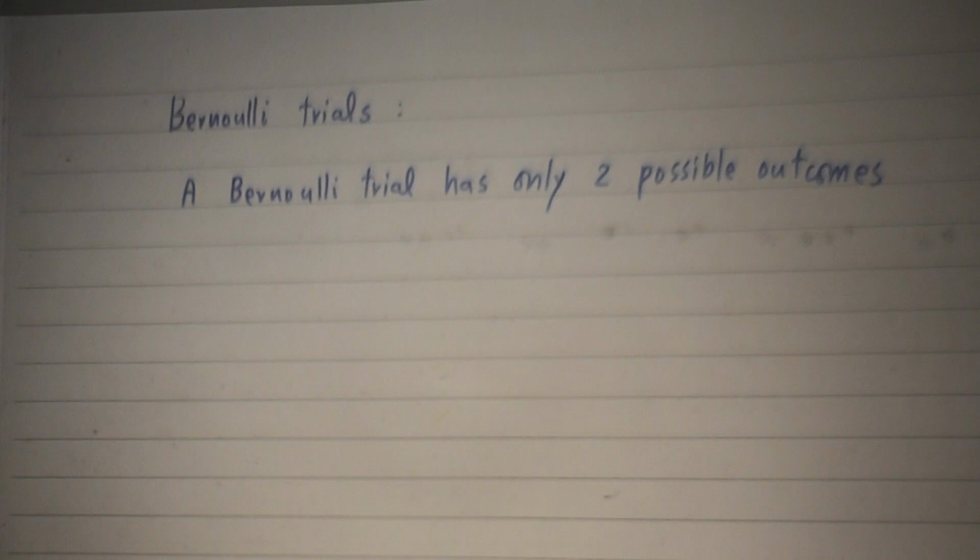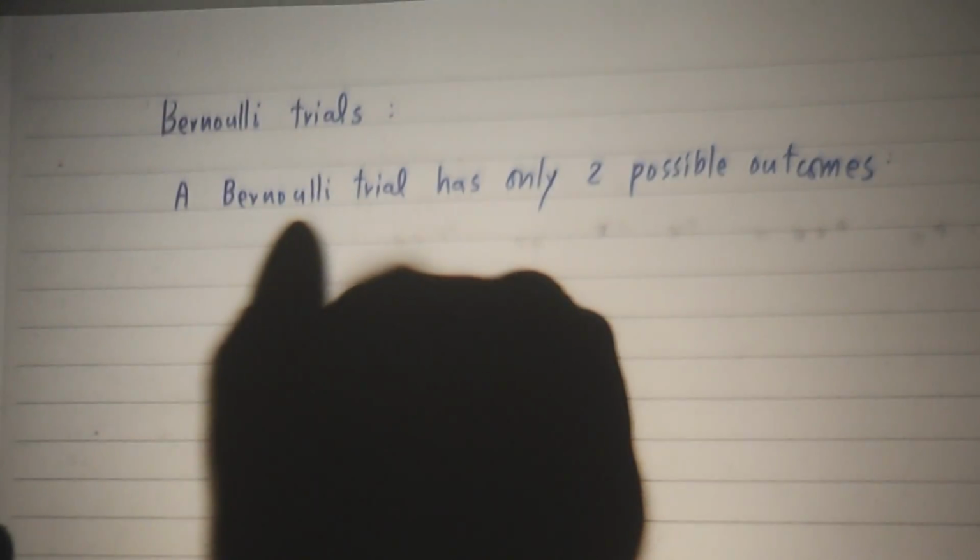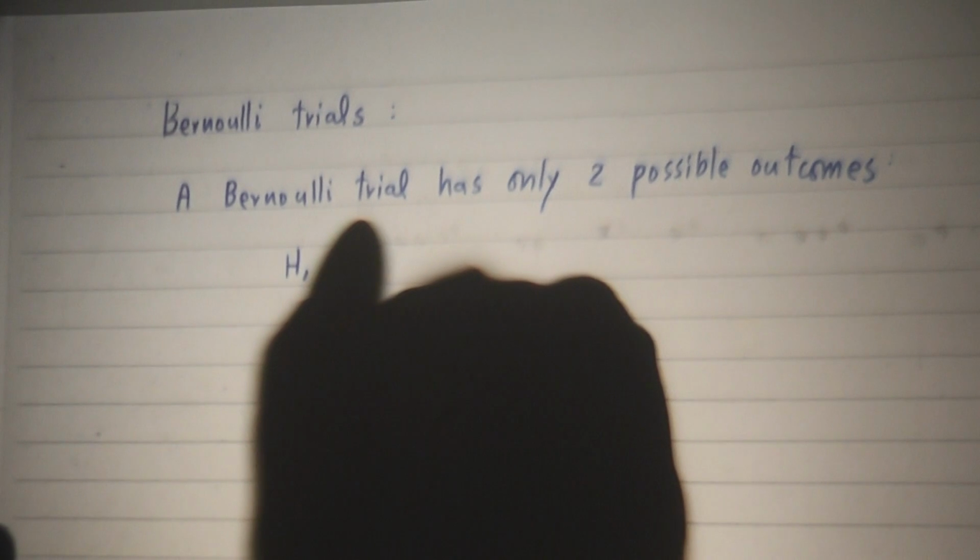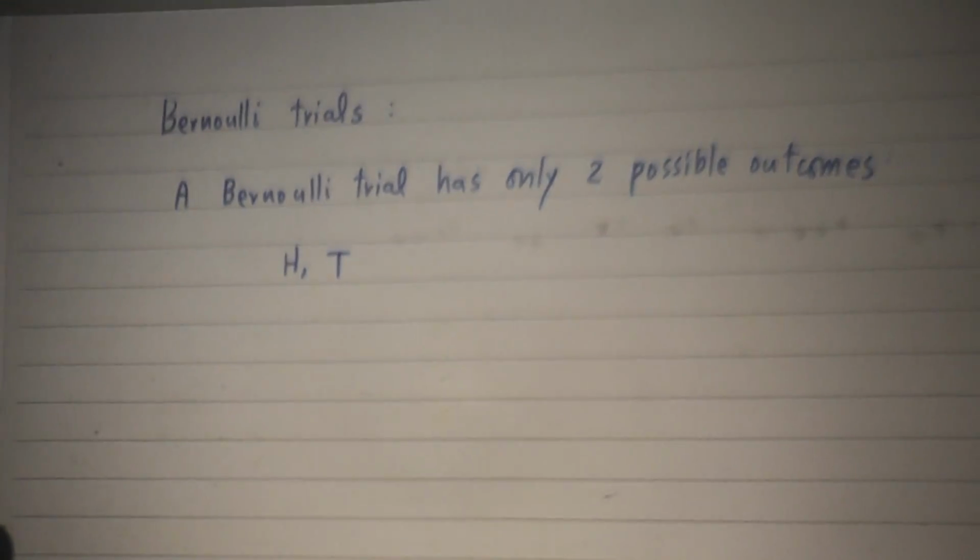A Bernoulli trial is a random experiment, okay? And in this random experiment, you can see only two different outcomes. For example, when you flip a coin, either you see the head or you see a tail.